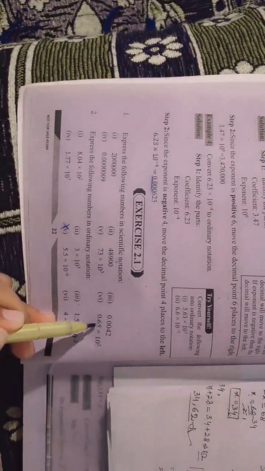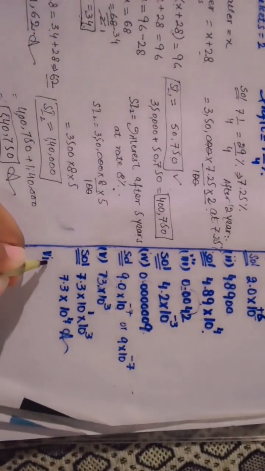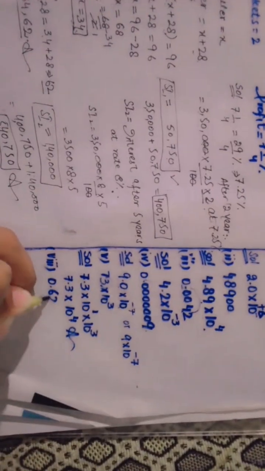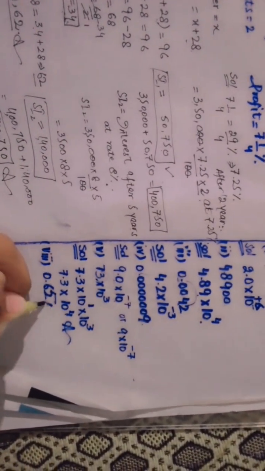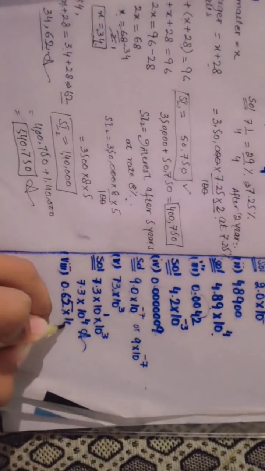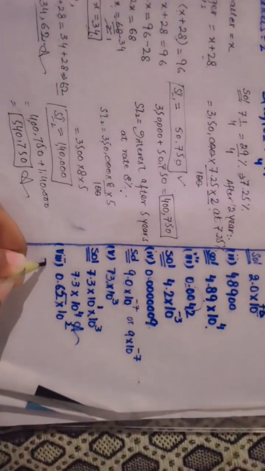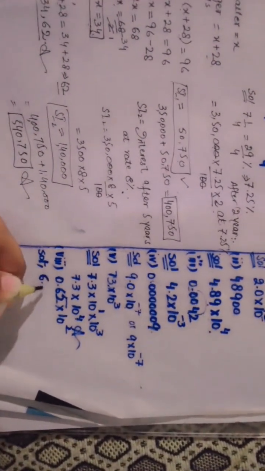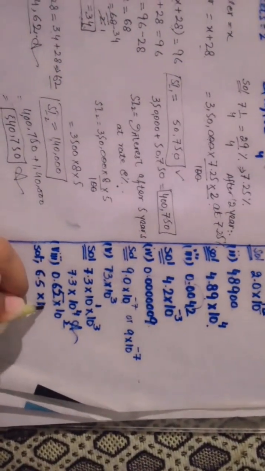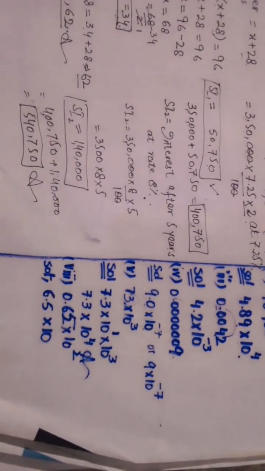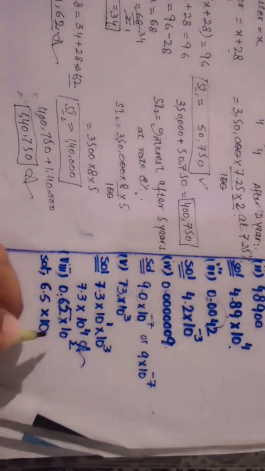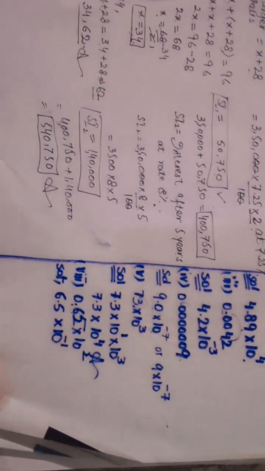क्वेश्चन नंबर 6 is 0.65 multiply 10 की raise 2. Solution will be equals to 6.5. Now we can say that point moves from left to right, so its value will be minus 1. Why minus 1?